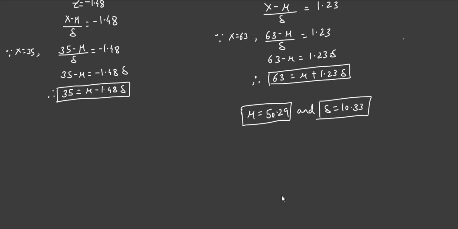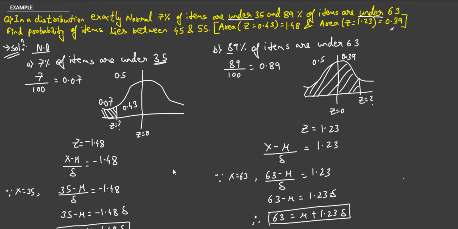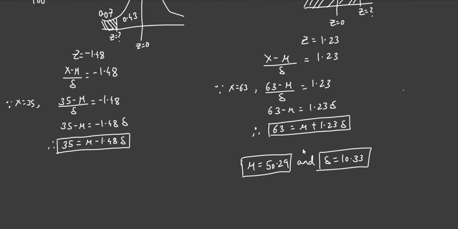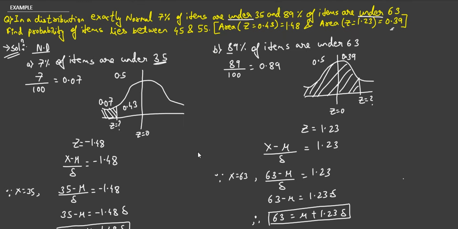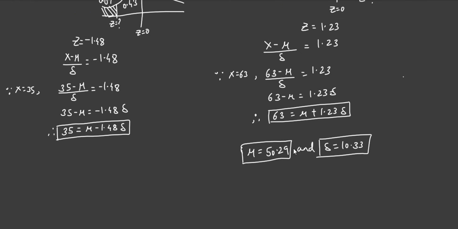So in previous examples we directly found the z value and got the answer, but in this example we have to find the value of mu and sigma first, and then we will find the rest.